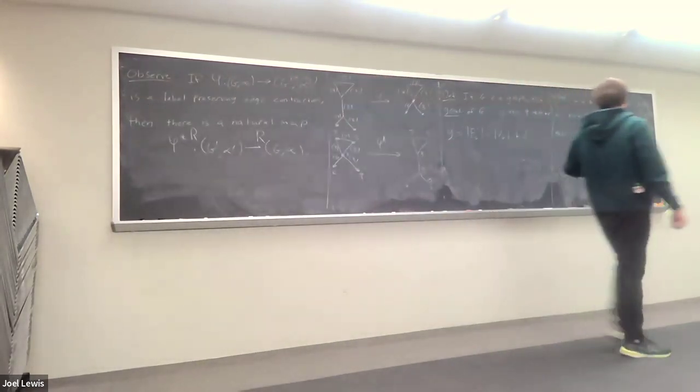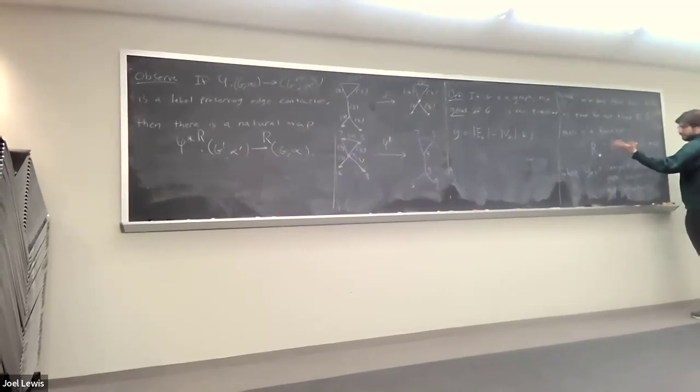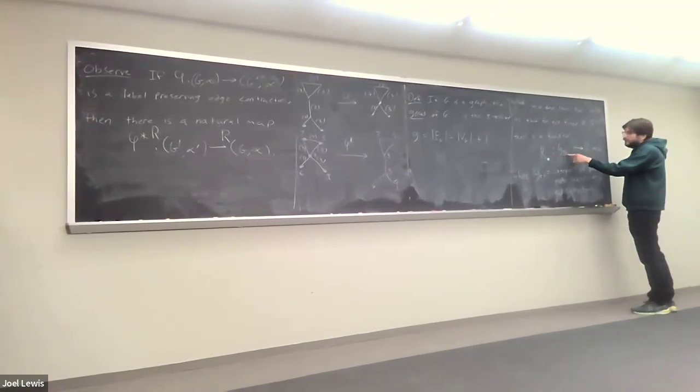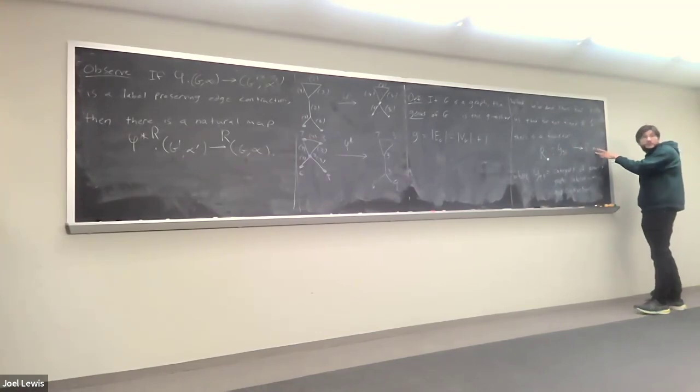So this is literally saying that the spline construction is a functor from the category of S-labeled genus g graphs and contractions to R-modules.